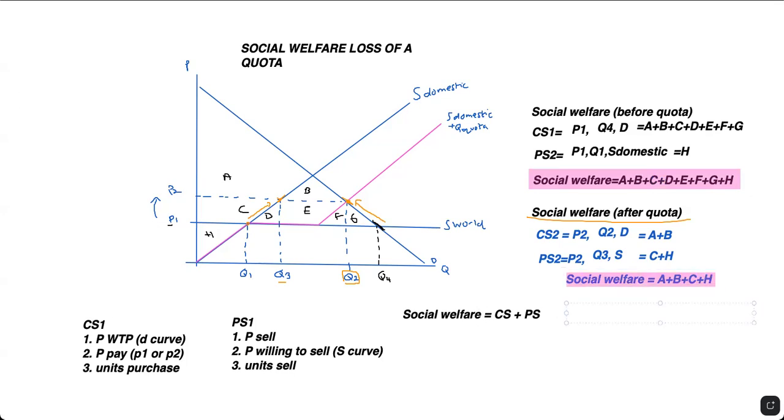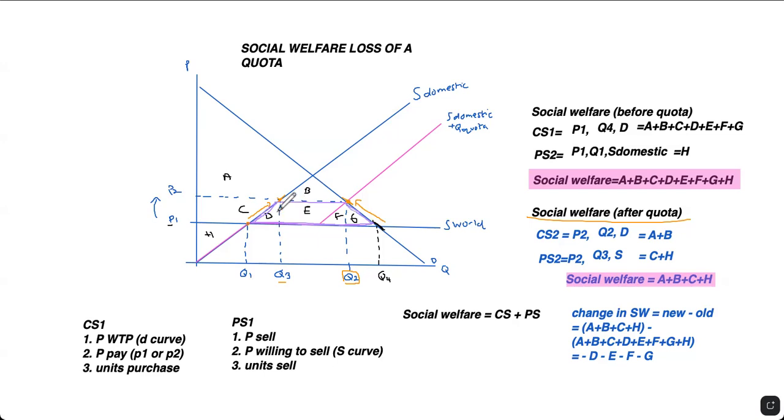So the change in social welfare. We take a look at the new one minus the old one. So if I were to show you all the working out, we're doing this one minus all of this. We will get 2A, they lost D, they lost E, they lost F, they lost G. So that's that initial area that I was showing you before in purple. All of this area here has been lost.